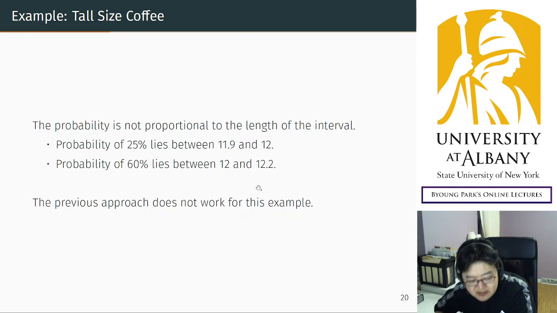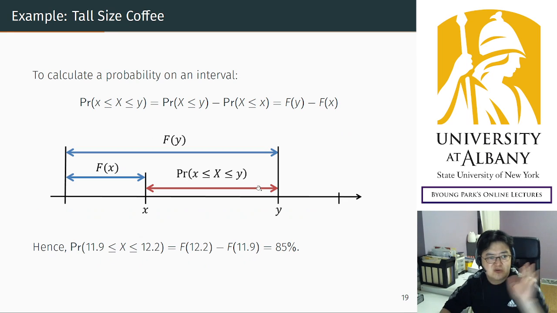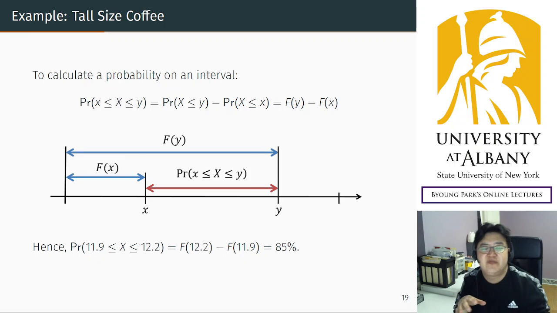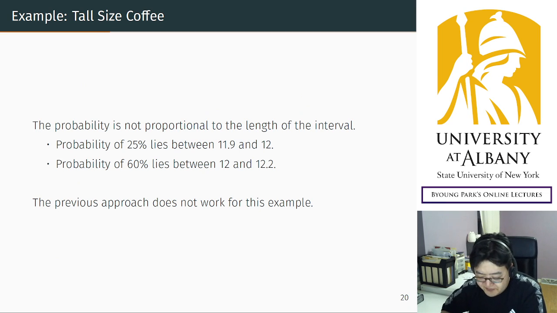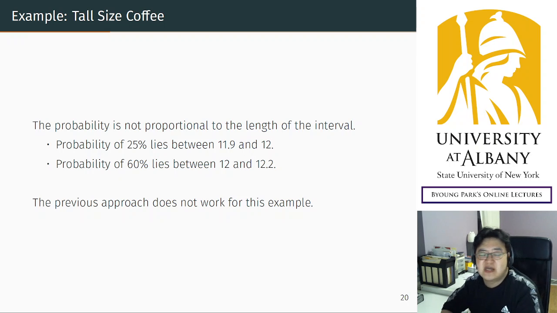Our next step is, so, a summary up to this point: the CDF is what we need. That is the basis of distribution that contains full information about a random variable. That is the CDF. And so far, I have explained as if the probability can be understood as a length.